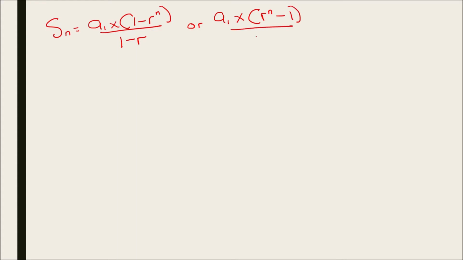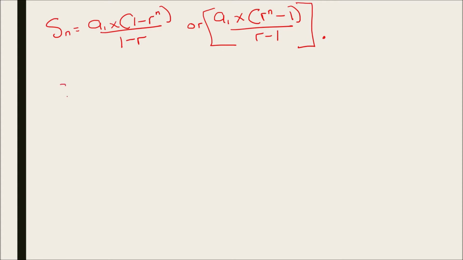Now find the sum of the first 6 terms. Remember the formula for S_N in a geometric sequence is A1 times 1 minus R to the power N over 1 minus R, or you can say A1 times R to the power N minus 1 over R minus 1. So pick the one you want. For this one, I'm going to use this second one.